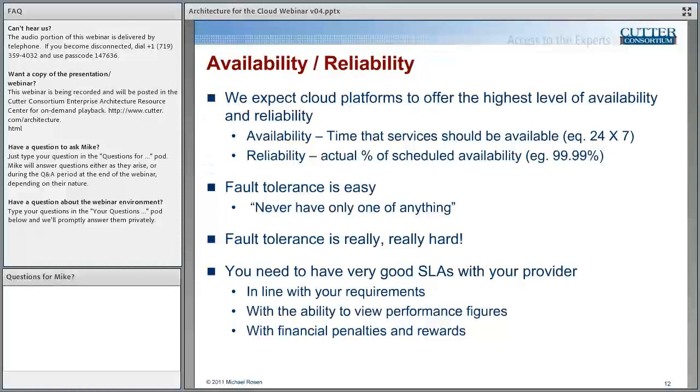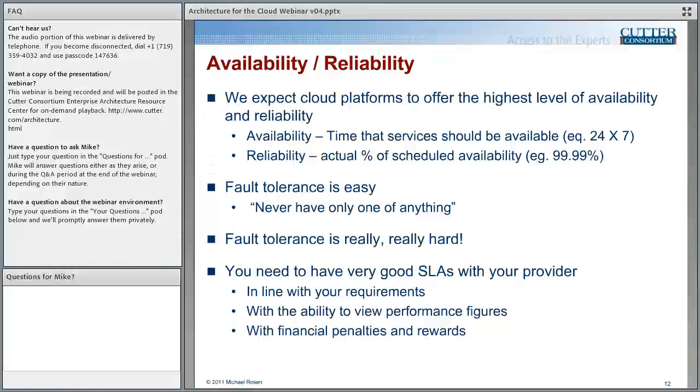So 99.99% reliability. Now, the principles in implementing fault tolerance are actually fairly easy. The principle is never have only one of anything. It's very easy to say, but implementing that is really, really, really hard, right?